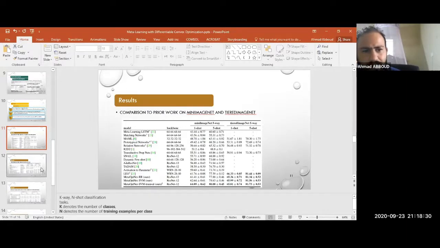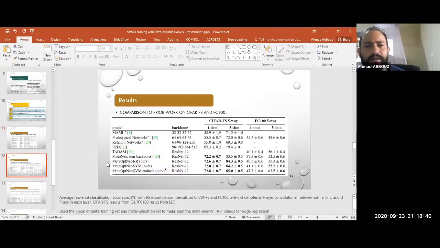Okay, so let's see the comparison of this work on the CIFAR datasets. On CIFAR, there are two derivatives of this dataset, which are CIFAR-FS and FC100. For CIFAR-FS, they use the same setup, 1 shot and 5 shot.